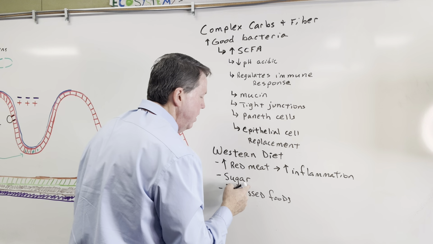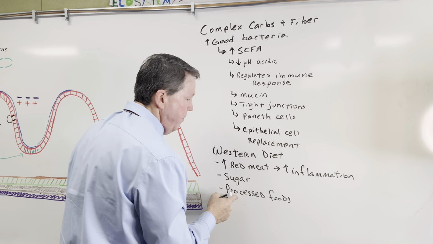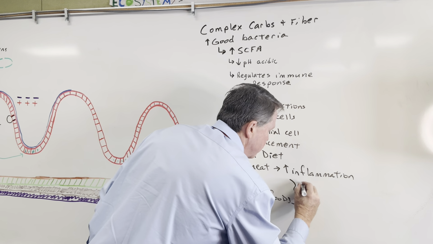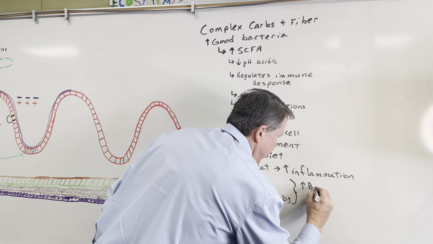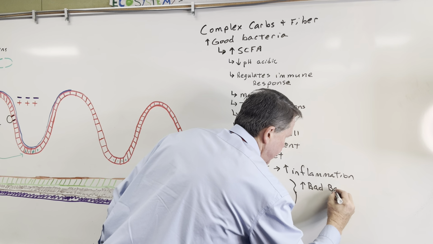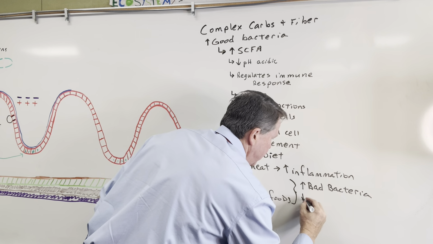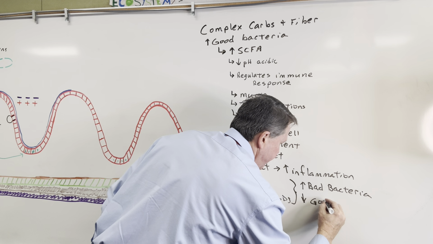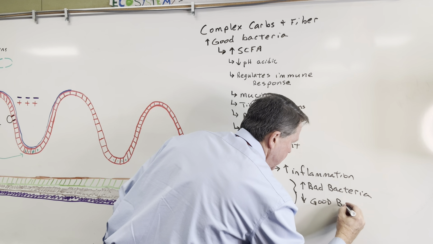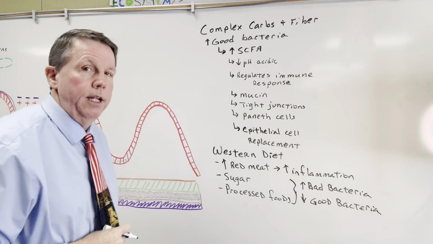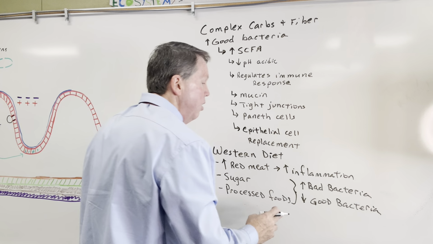Okay. Now, what does this do? When you have a lot of sugar and a lot of processed foods, bad bacteria lives off of that. So now we're going to get an increase in bad bacteria, and we're going to get a decrease in good bacteria. Now, here's what's going to happen.